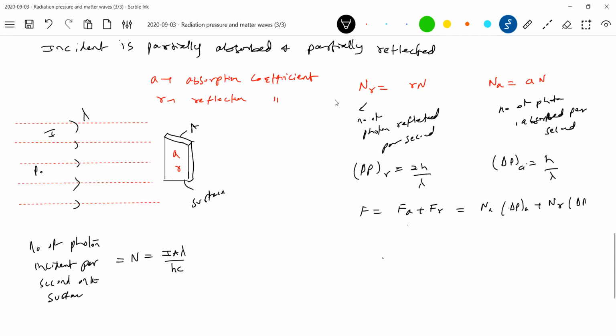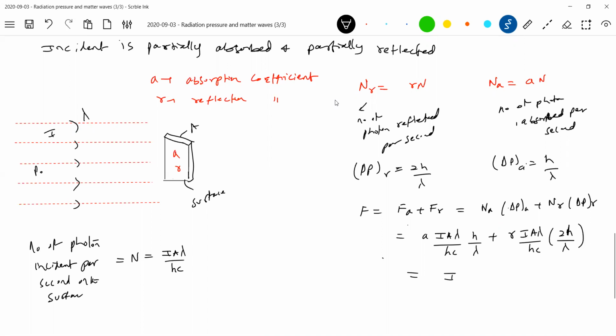Force due to reflection is n_r into delta P_r. Different symbols and methods are used. Since we are keeping numericals in mind, I'm using this generalized method. So n_a is A into I A lambda by hc, and the change in momentum is h by lambda. Then n_r is R into I A lambda by hc, and the change in momentum is 2h by lambda.